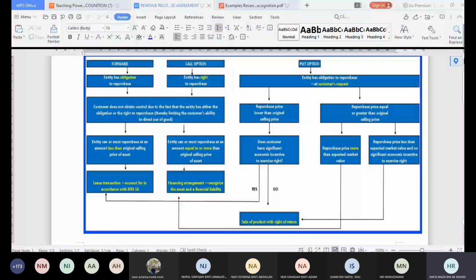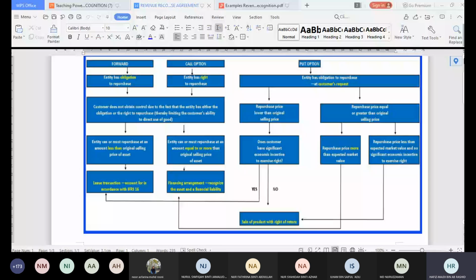Generally, if the repurchase price is lower than the original selling price, you need to treat it as a lease. That means if the repurchase price is lower than the selling price, you need to use MFRS 16 in treating this repurchase agreement. So that is one issue.